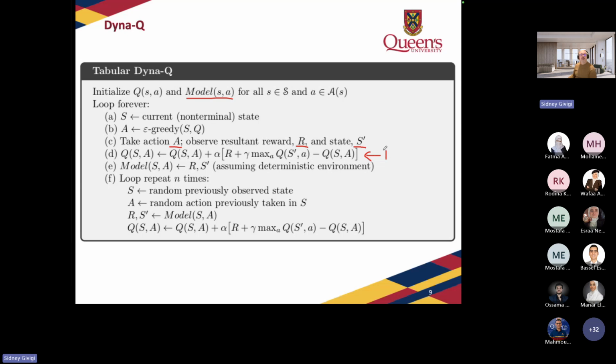This is what we call direct reinforcement learning. Then we are going to use that information to train a model. So this is the training of the model. Here it's assuming a deterministic environment, but it does not need to be that. Here I'm agnostic on how this model is going to be approximated.